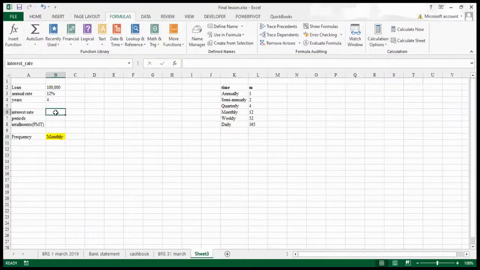That's why when we are here in the interest rate, we are saying equal to IF function, if what we have here is equal to annually, comma, then it should take the annual interest rate divided by the frequency of payment in a year, which is 1, comma.